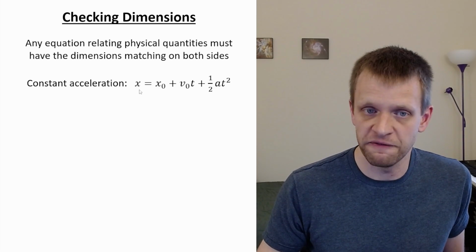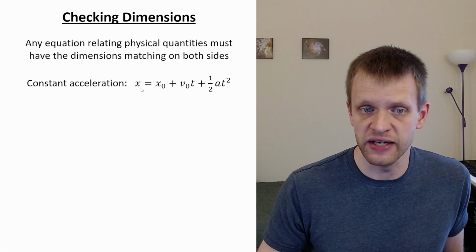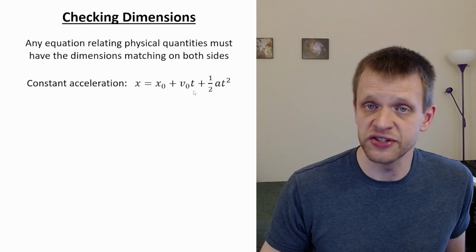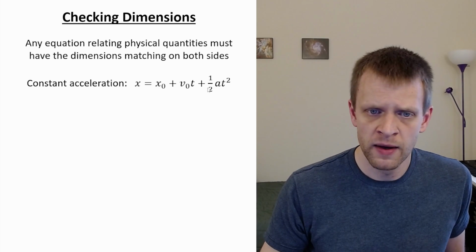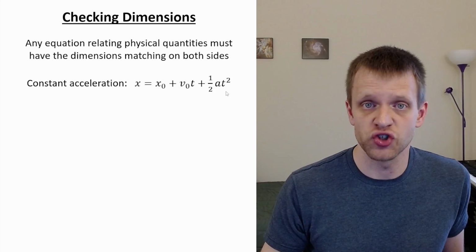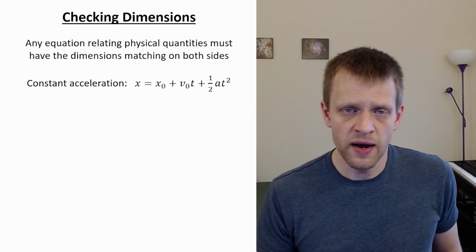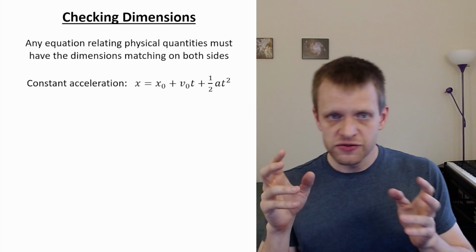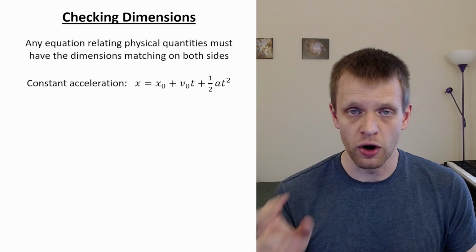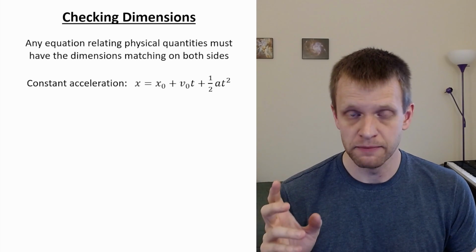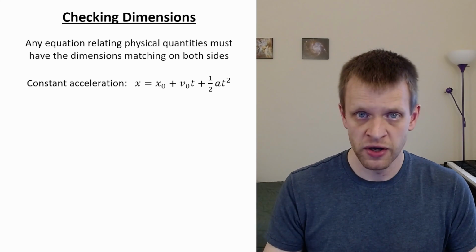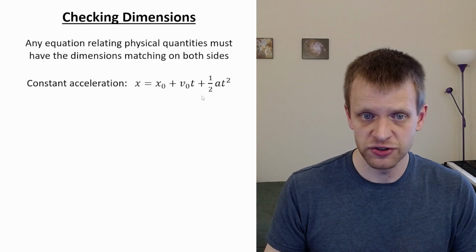So my final position at some time is equal to my initial position plus my initial velocity times how much time has passed, plus 1/2 times that constant acceleration times the time squared. Again, if we are adding, subtracting, or comparing quantities, the dimensions of all of those quantities must match up with each other. So all of these terms must have the same dimensions.